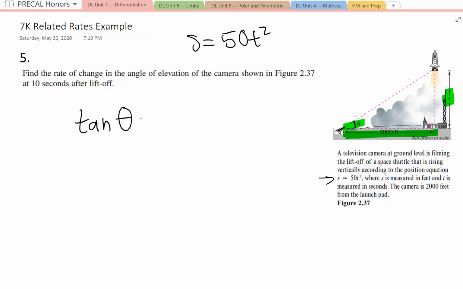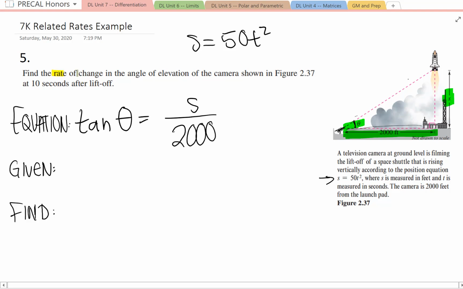Tangent of theta is equal to opposite over adjacent. They want me to find the rate of change in the angle of elevation of the camera. Okay, so that means I'm going to be finding d theta/dt.